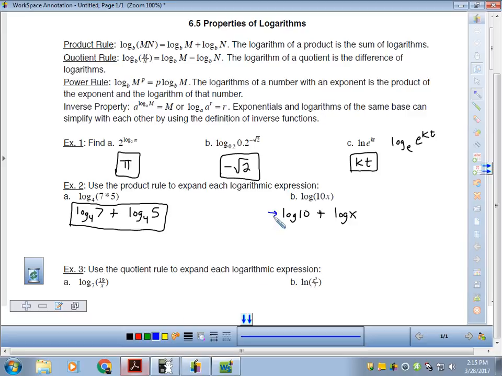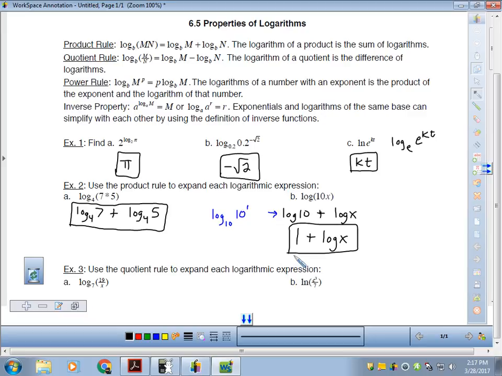This term right here, log of 10, remember when it just says log, that this is really log base 10 of 10? What power's on this 10? Technically it's a 1 power. So I have a logarithm with a base 10. I have an exponential with a base 10. They would cancel out. All that would be left behind is the power, which is a 1. So this is actually 1 plus log of x.